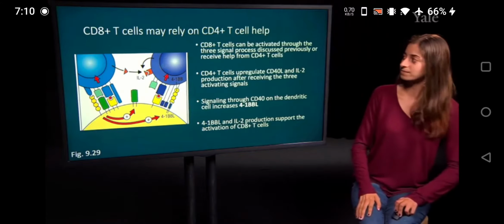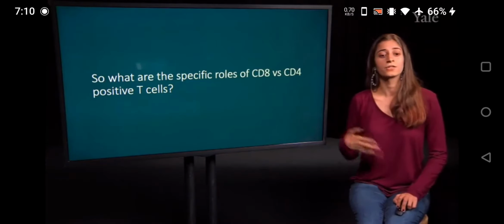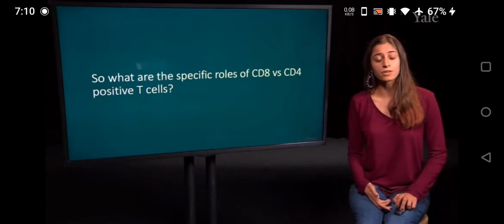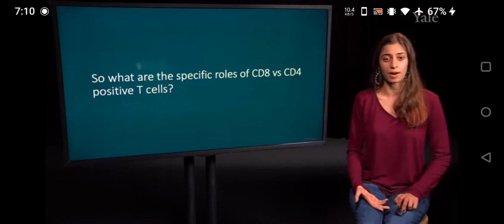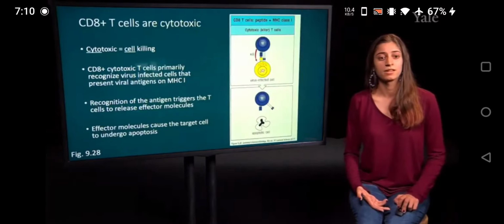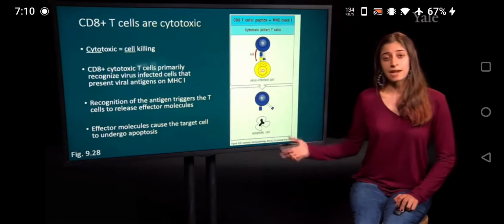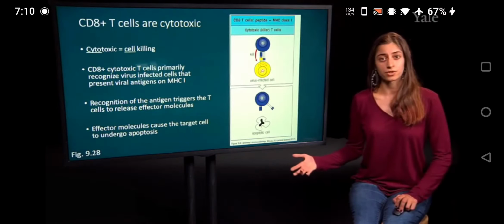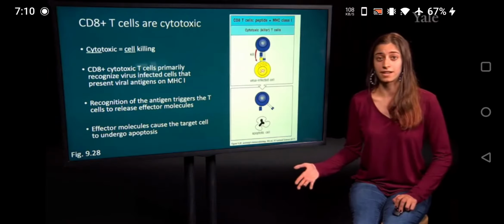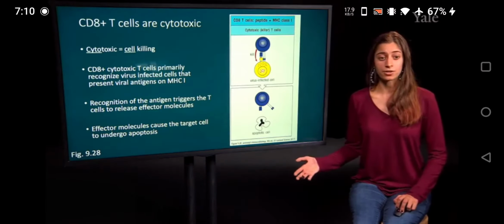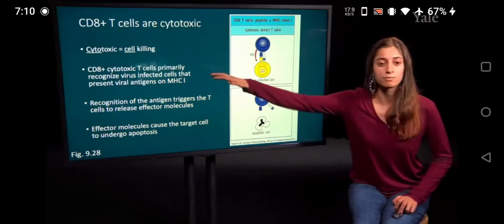So what are some of the specific roles of the CD8 versus a CD4 positive T cell? Well, first let's start with the CD8 positive T cell. CD8 positive T cells are also referred to as cytotoxic lymphocytes. This can be broken down into its roots: cyto meaning cell, toxic meaning poisonous.